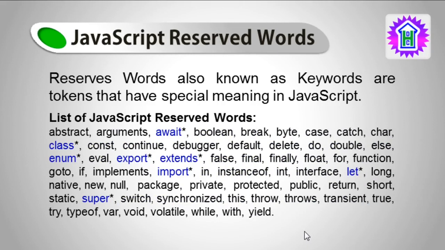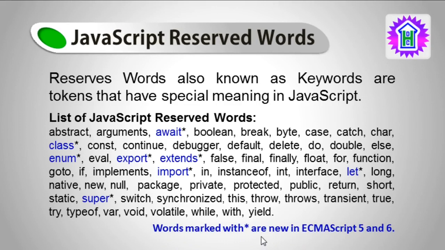I'm reading out some of them: abstract, arguments, await, boolean, break, byte, case, catch, char, like this. You can see some keywords are highlighted with blue text with an asterisk symbol at the end. These are actually new keywords or reserved words which were introduced in ECMAScript 5 and 6.